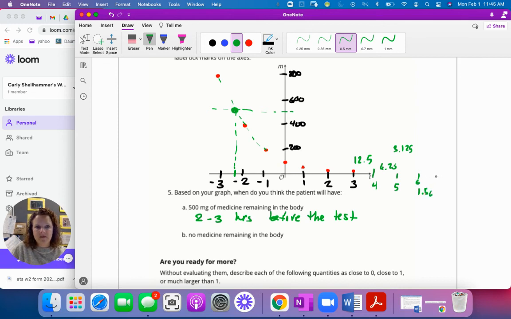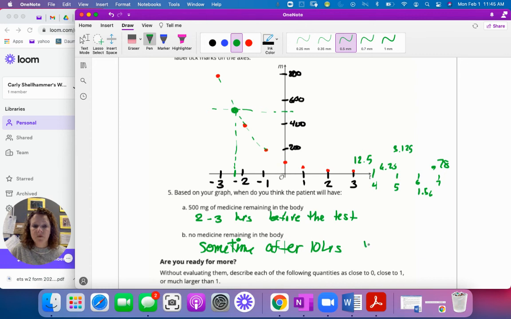So that's 6 hours, 7 hours, 0.78, etc. I just keep on cutting it in half and cutting it in half. So I would say sometime after 10 hours.